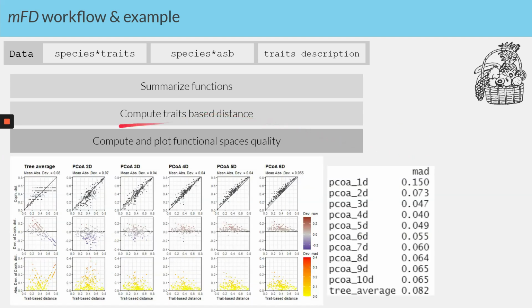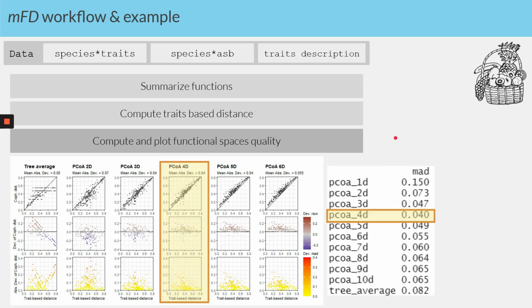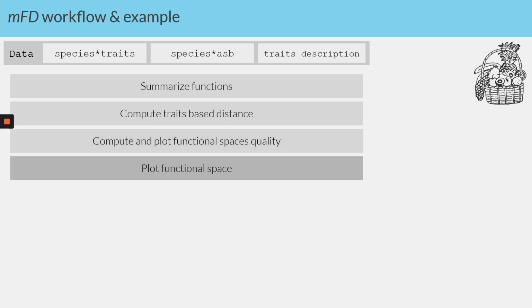And then it evaluates the quality of functional spaces, but also functional dendrograms, based on the difference between trait-based distance and the distance in the functional space or in a functional tree. It also has some metrics that help the user to choose which functional space to work on. Here, the functional space with the best quality is the one with 4 dimensions, and thus we will work with this functional space.